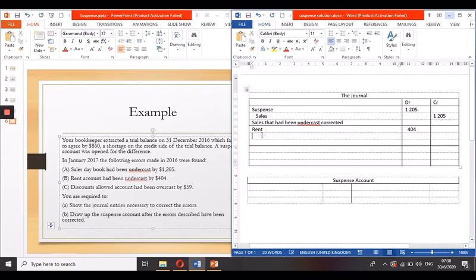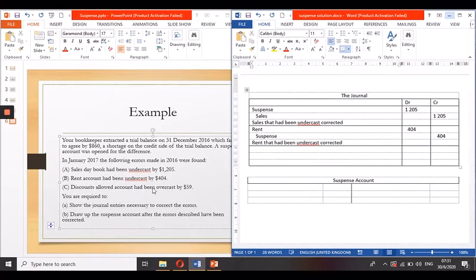Then we credit suspense 404. Then we write our narration: rent that had been undercast corrected. And then we proceed to the last error.